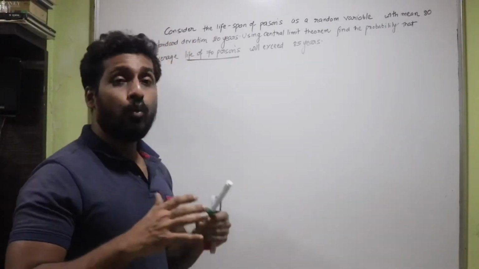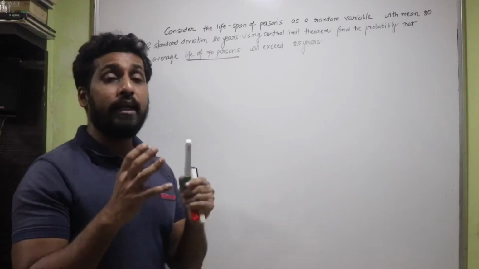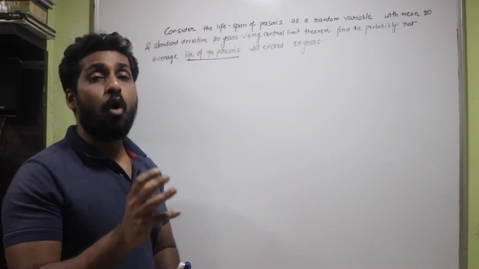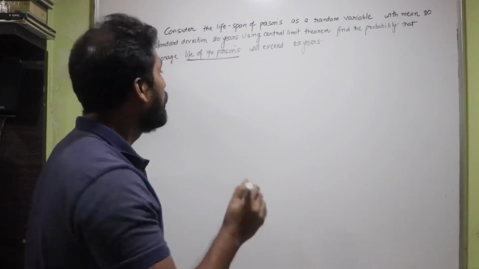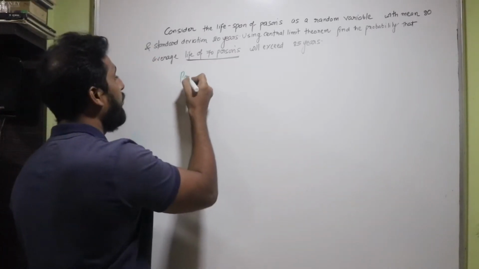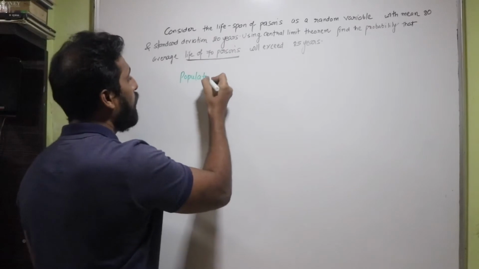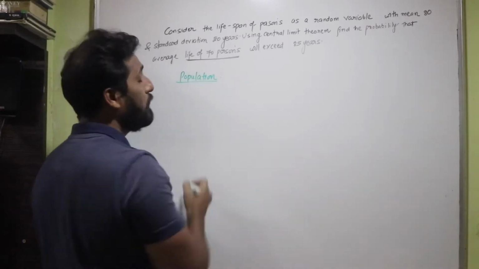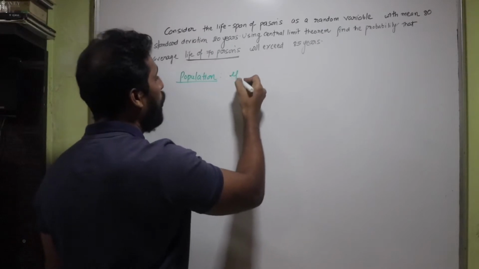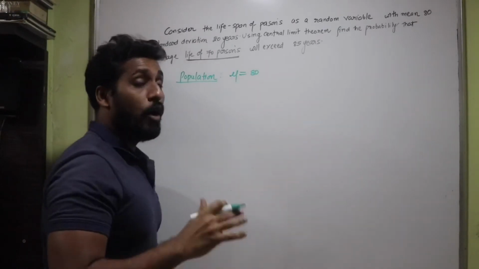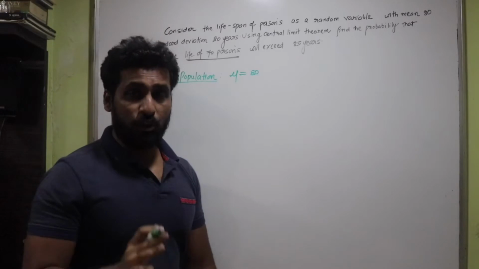So it becomes very necessary to identify first whether the data belongs to the population or to the sample. I'll write the data over here. It is given to us that the population has a mean of 80, so I can say that mu is equal to 80. Now students, you need to know the terminology very thoroughly.